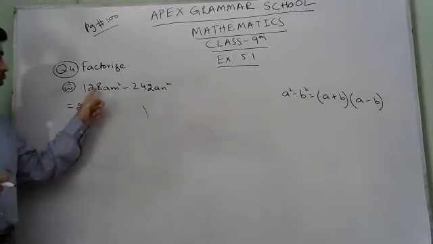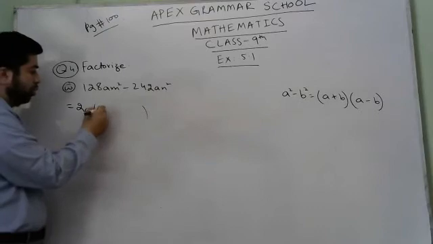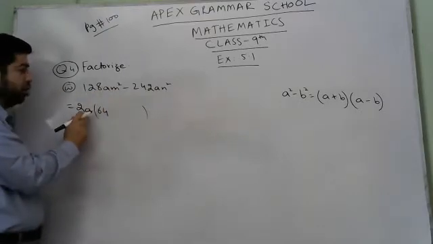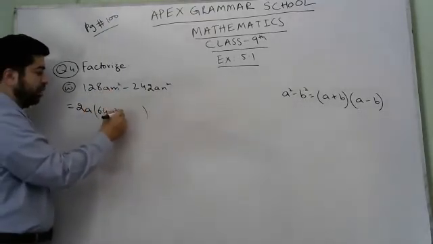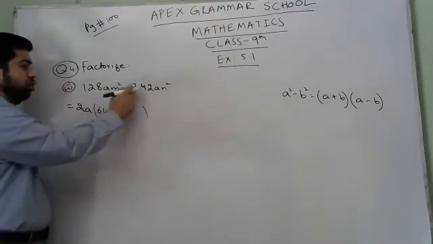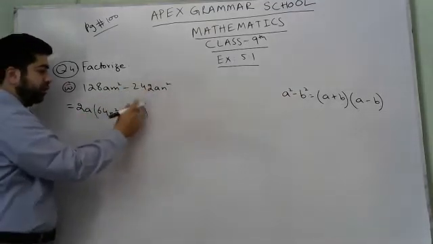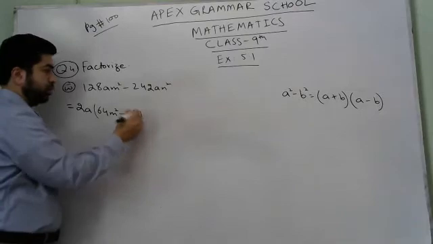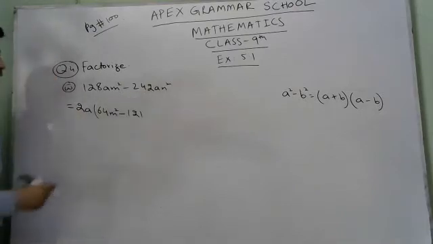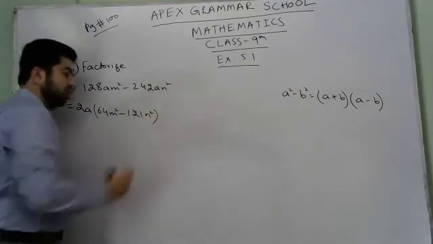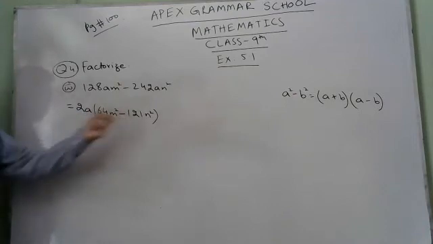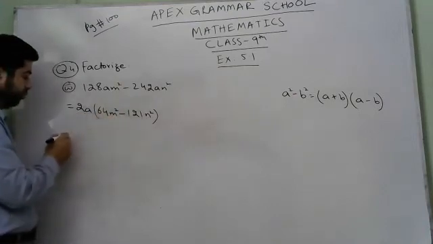2 6s are 12, 2 4s are 8, 64. A is common here, and m square minus 121. A is common here and then n square. So we have a common 2a.